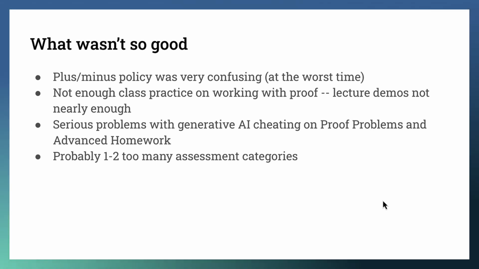So always think twice about whether you really and truly need to have an assessment type in your class. Like my advanced homework, I probably could have just completely eliminated that, and it wouldn't have lost much in the system. Or at least dial back the number of things that you do assign in each category, so it's at a reasonable level.